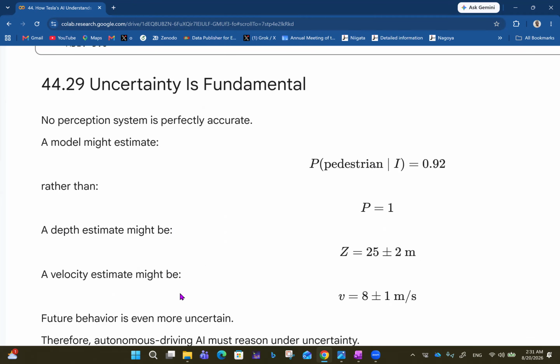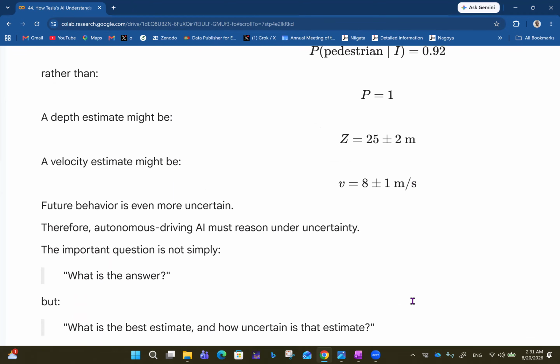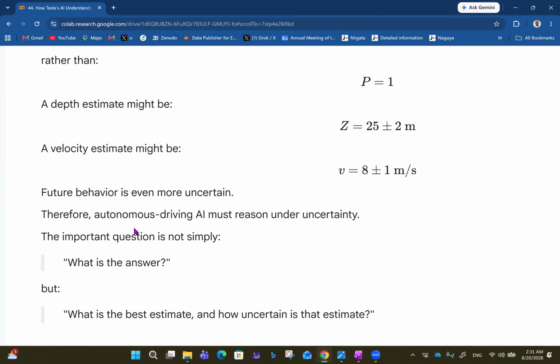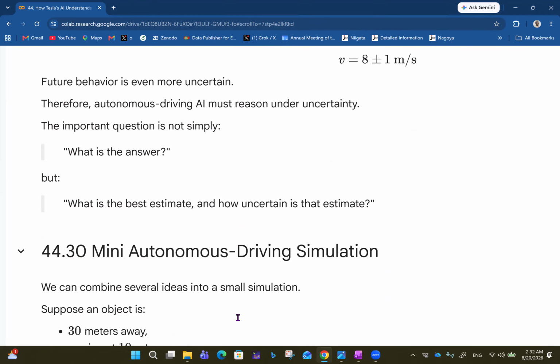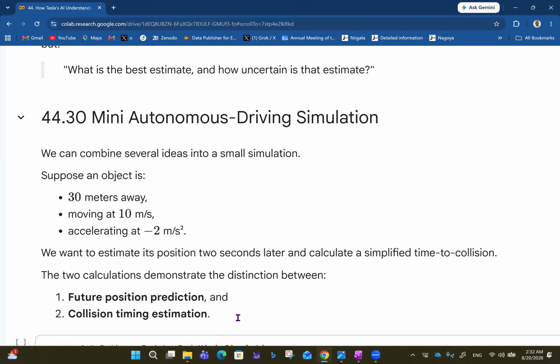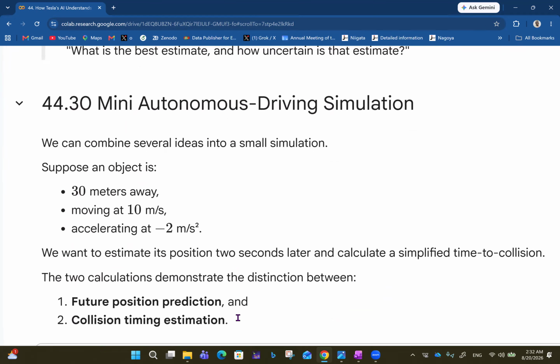A velocity estimate might be v equals 8 plus or minus 1 meter per second, and future behavior is even more uncertain. Therefore, autonomous driving AI must reason under uncertainty. The important question is not simply what is the answer, but what is the best estimate and how uncertain is that estimate? So you can factor in possible errors for maximum safety.